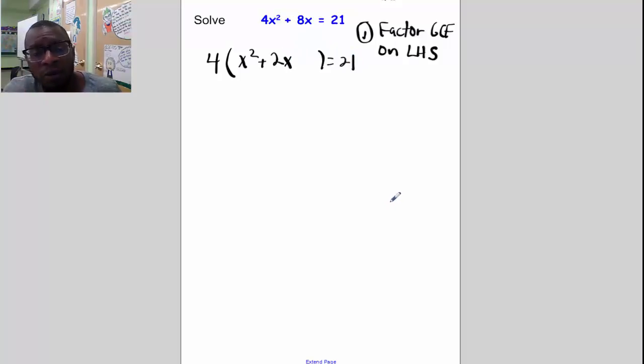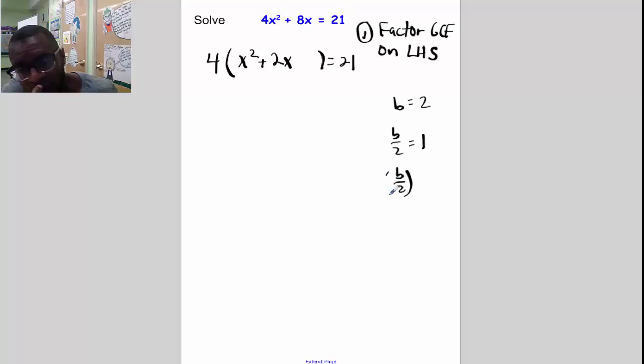Now I'm going to follow the same steps that I did to complete the square when a is 1. I'm going to take half of b. In this case, our b is now 2. Half of that is 1, and squaring it, it still remains 1. So I'm going to insert that value of 1 on my left-hand side.